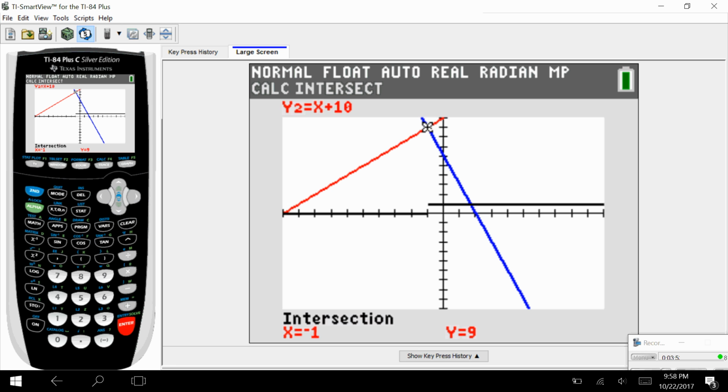Now what we're going to do is we're going to hit the down arrow, and notice that the little cursor moved to the black line. I want to know which direction do I have to go in to follow the raised line.